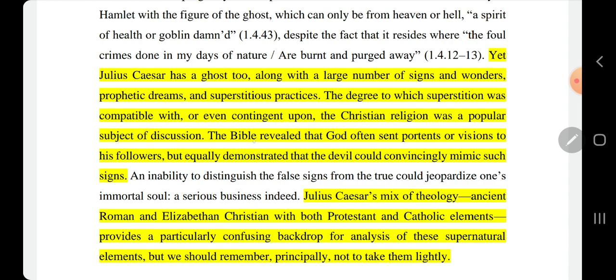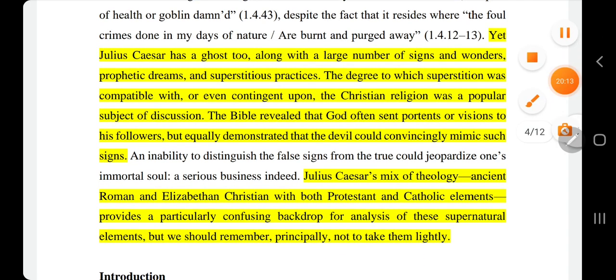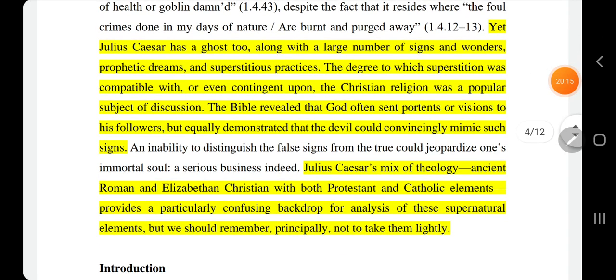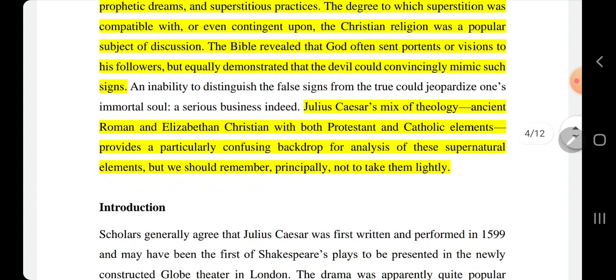So the Bible revealed that God often sends portents or visions to his followers, but equally demonstrated that the devil could mimic such signs. So there is a debate regarding being a Catholic or a Protestant. Even there is a debate about the Christian religion at all.